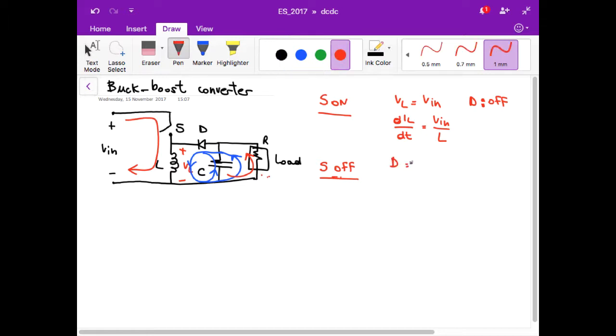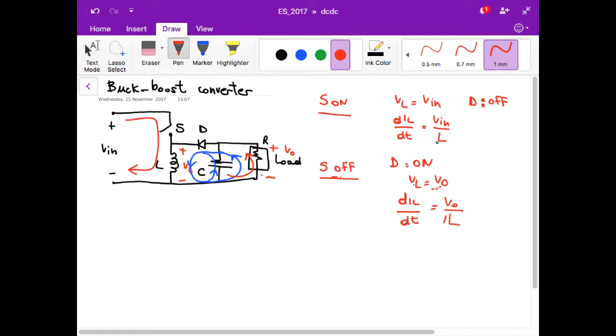If we neglect the voltage drop on the diode, then VL is equal to the output voltage, VL is equal to VO, and dIL over dt is therefore equal to VO over L.